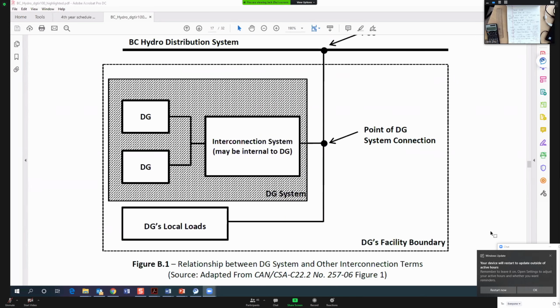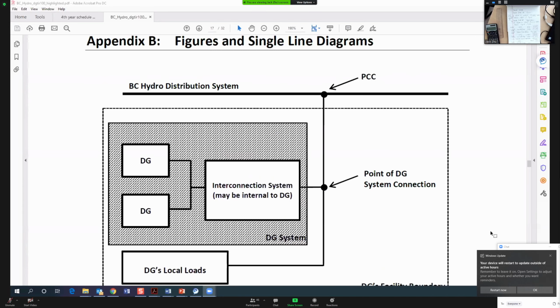They give you the drawing. They try to show you where your local loads are, where your distributed generator interconnect system is, where the point of connection is, where the point of common coupling is.